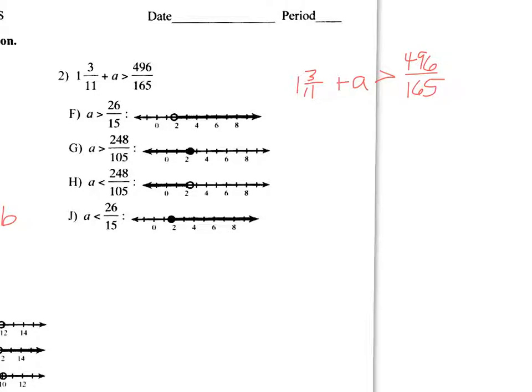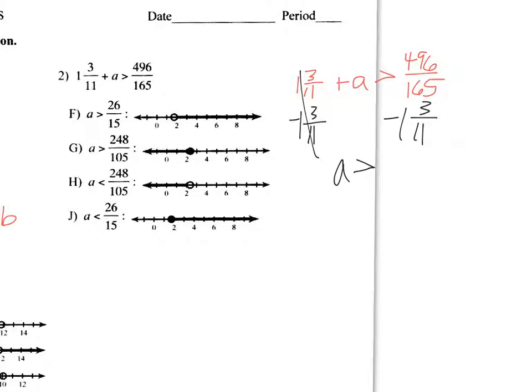To get rid of that 1 3/11, I subtract. So when I do that, I get a is greater than. I don't flip my inequality symbol here because I did not multiply or divide by a negative, I merely subtracted, and that's okay.